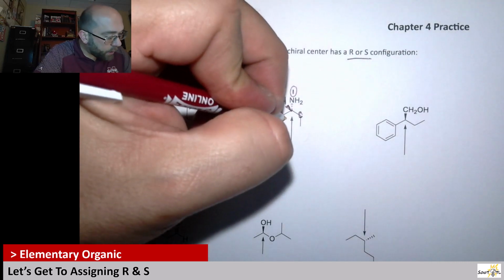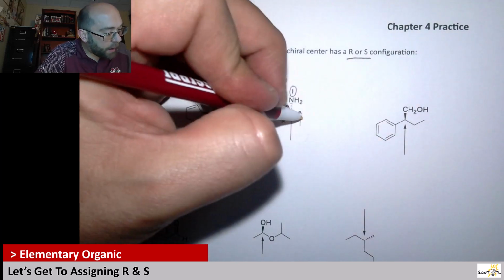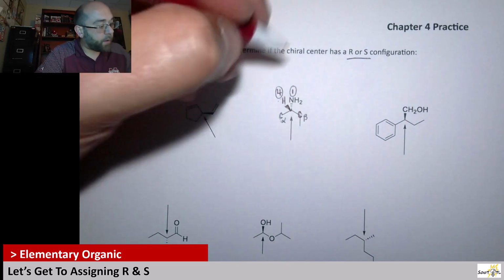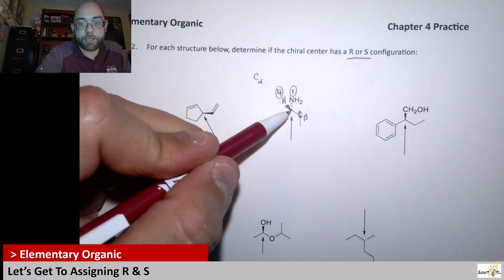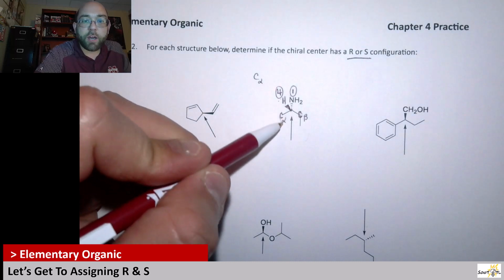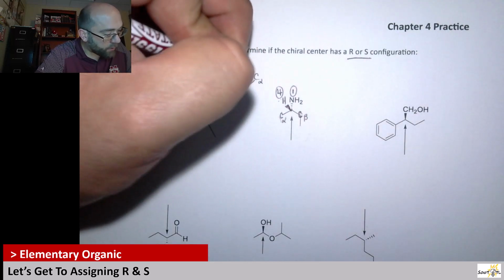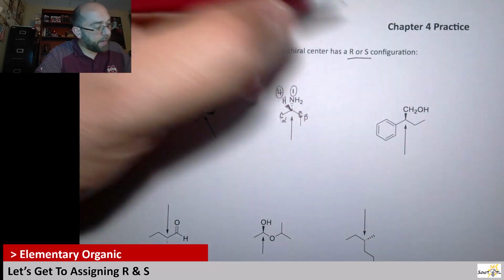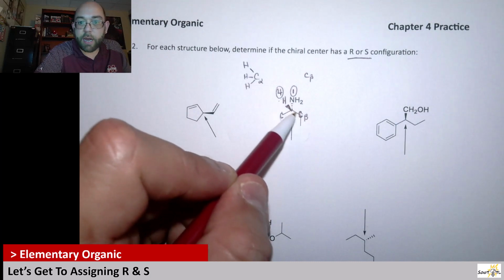If I identify this as carbon alpha, this is just an identifier, and label this as carbon beta. For carbon alpha, besides the bond shown to the chiral center, what are the other three things there? It's hydrogen, hydrogen, hydrogen. If we look at carbon beta, what else is there besides the bond to the chiral carbon?